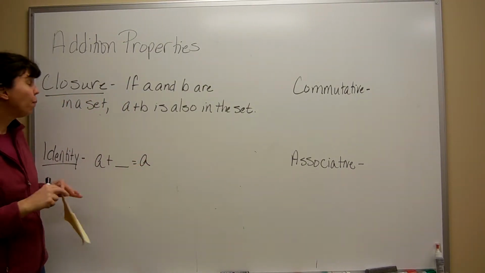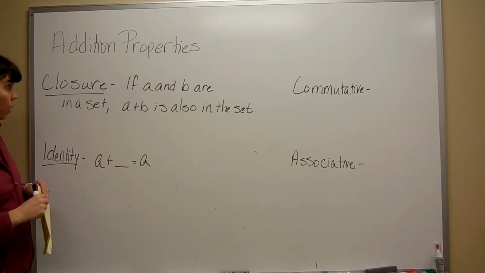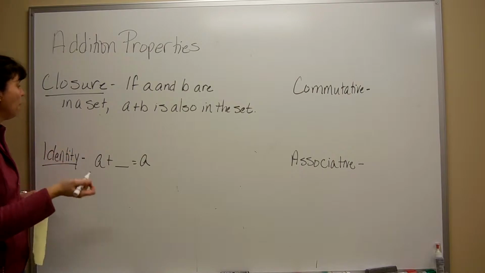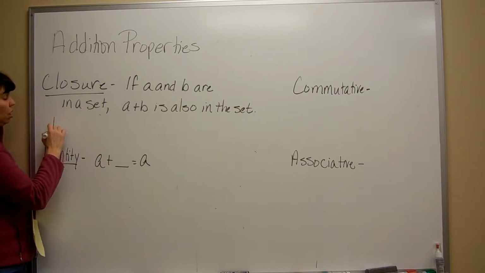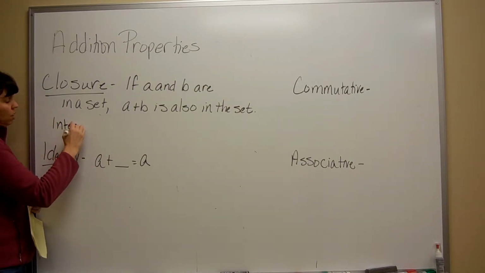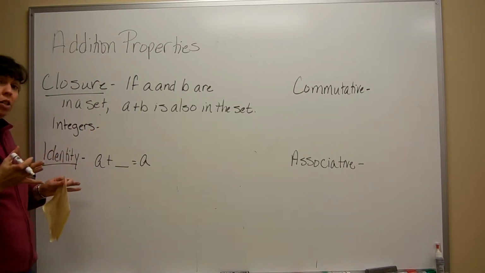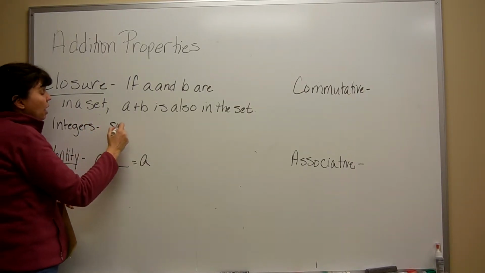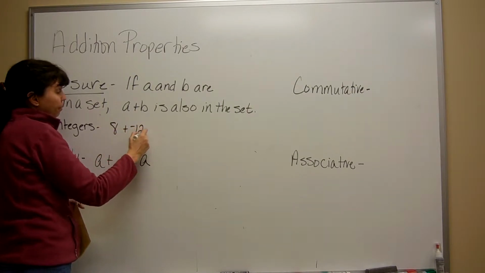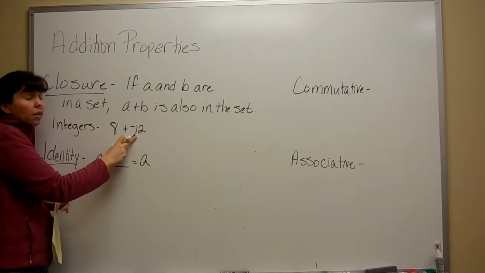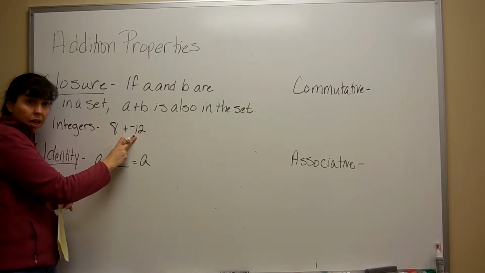For example, if we are dealing with the set of integers, so integers are positive and negative numbers, no fractions, no decimals. If I were to take any two integers, let's say I took 8 and negative 12. 8 is an element of the integer set, negative 12 is an element of the integer set.